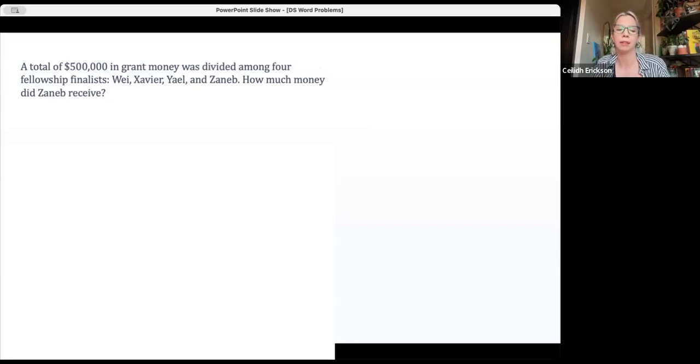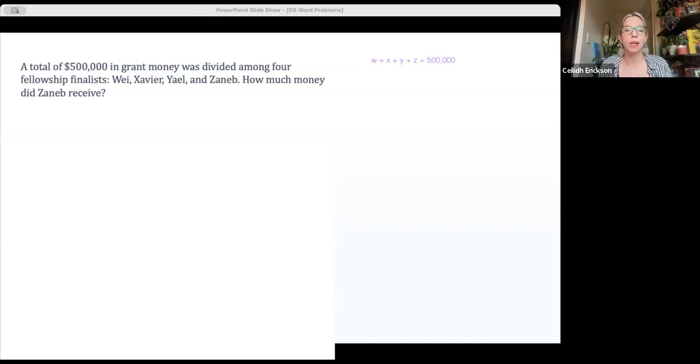Anyone in the main chat, tell us, what is the equation that we could derive from the givens here? We could say that W plus X plus Y plus Z equals 500,000. So we have one relationship, but we have 4 variables, right?